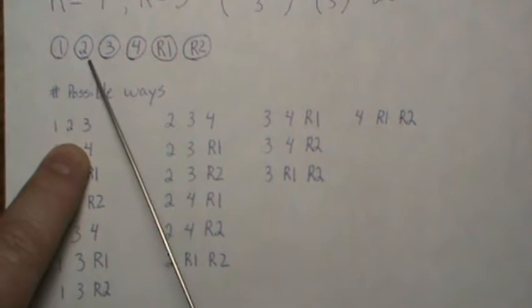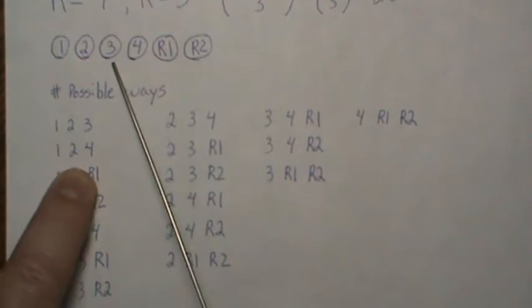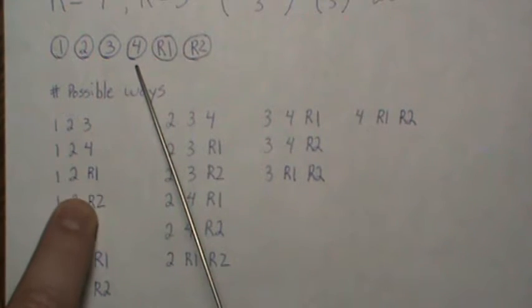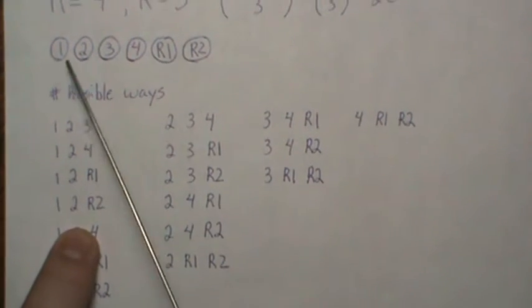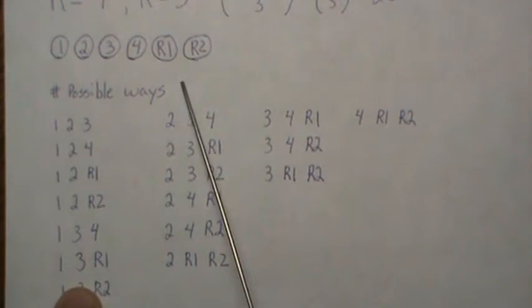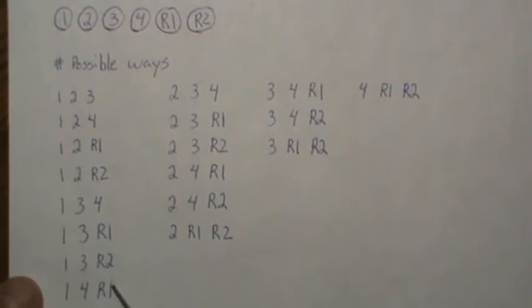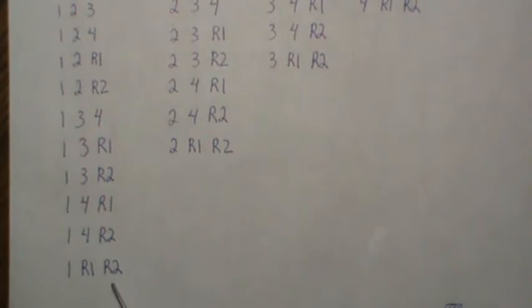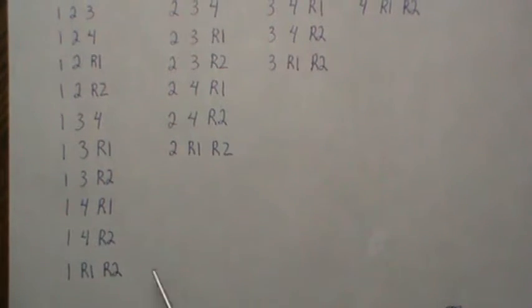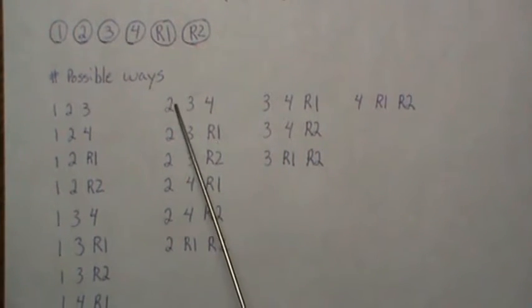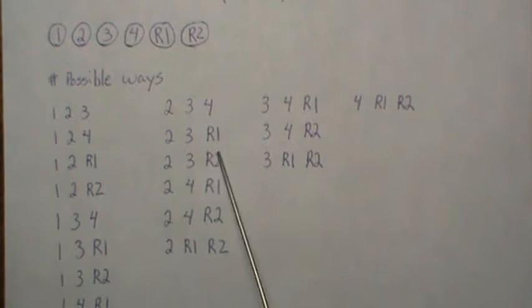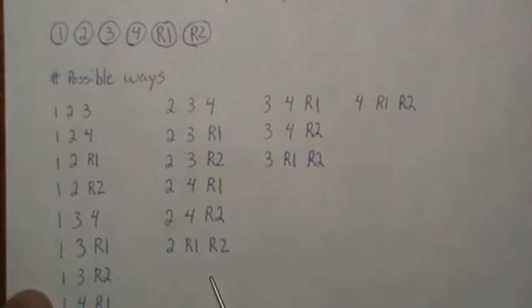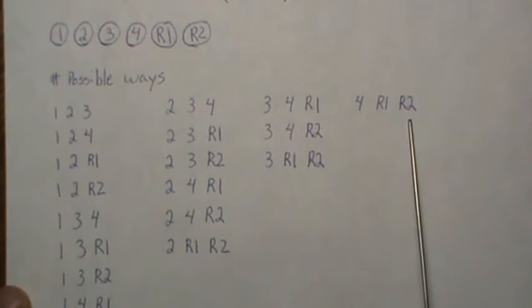So we could draw a 1, 2, 3, or we could draw a 1, 2, 4, a 1, 2, R1, a 1, 2, R2, a 1, 3, 4, 1, 3, 4, R. And we could do that for all the possibilities, and we end up with a 1, R1, R2. And then we start with the 2s: 2, 3, 4, 2, 3, R1, 2, 3, R2, etc. Then we go 3, 4, R1. And then we end up with a 4, R1, R2.